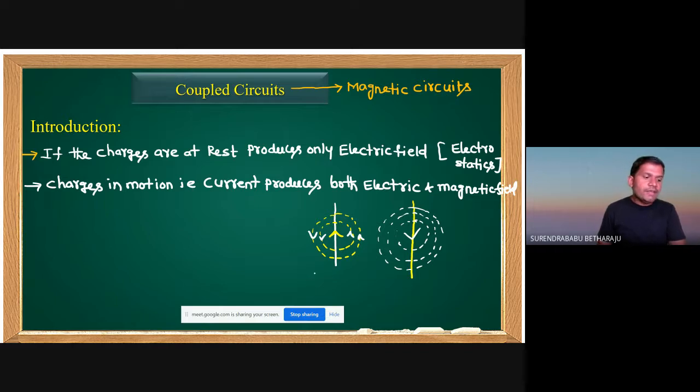The flux is oriented in the anti-clockwise direction. Next, you see this one. This is the direction of the current. Then what is the direction of the flux? Clockwise direction.